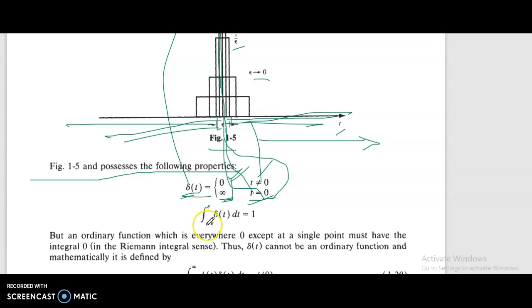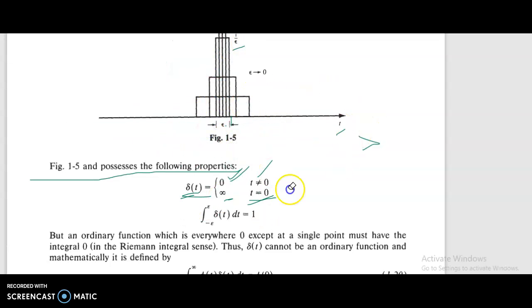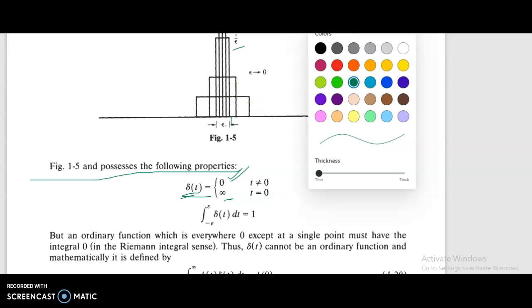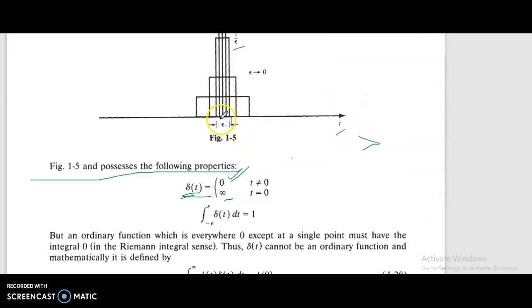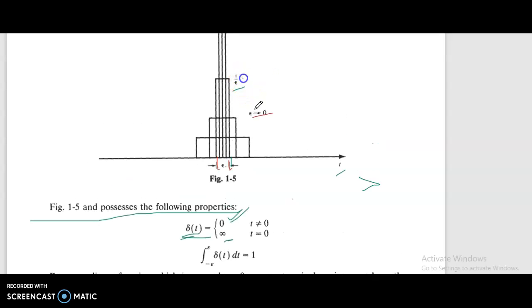That is, the integral from minus epsilon to plus epsilon of delta of t dt equals 1. It means this much area is epsilon, and here the height is 1 by epsilon.